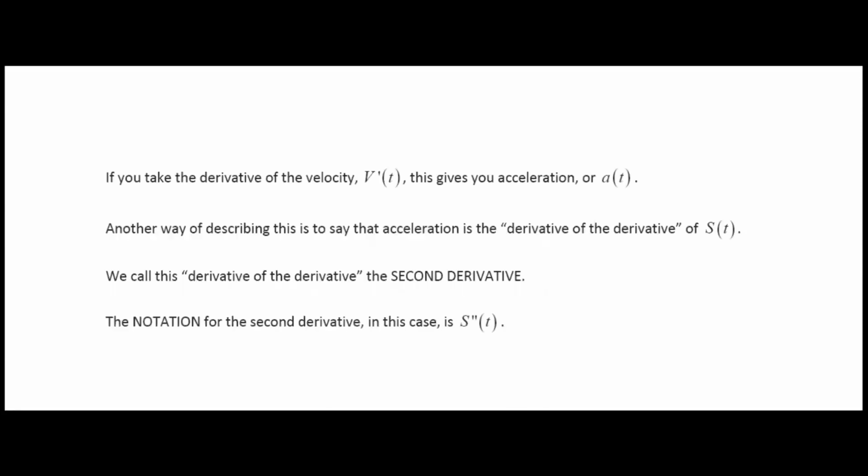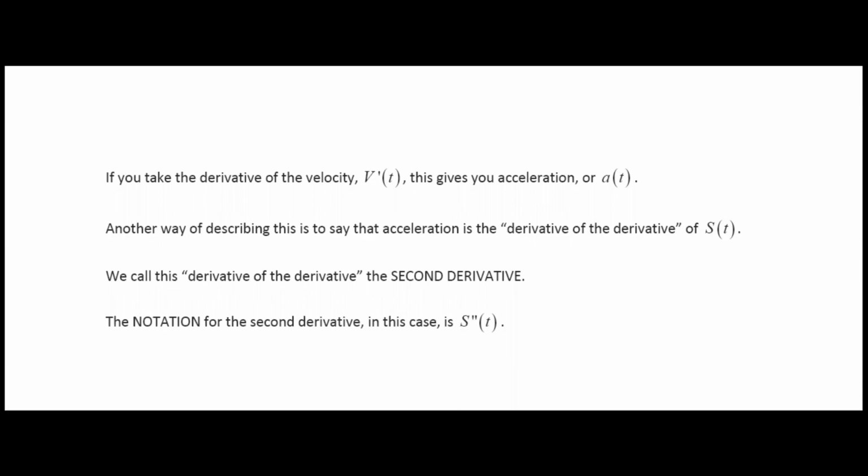Now, if you take the derivative of velocity, that is v prime of t, in other words, v of t is velocity. If you take the derivative of velocity, this gives you something called acceleration, which we've indicated here as a of t.